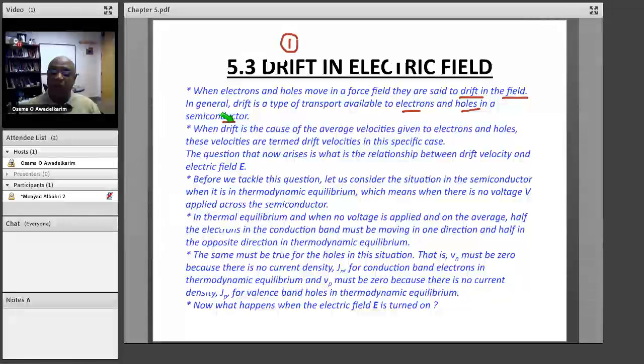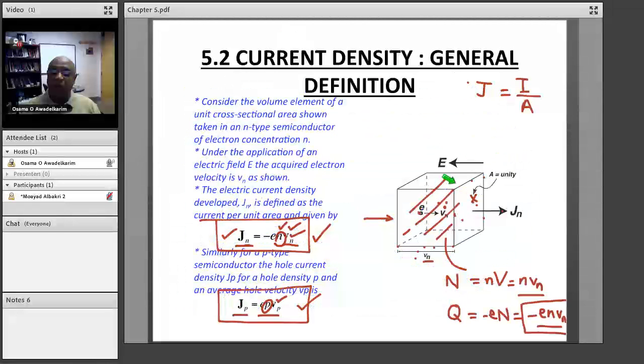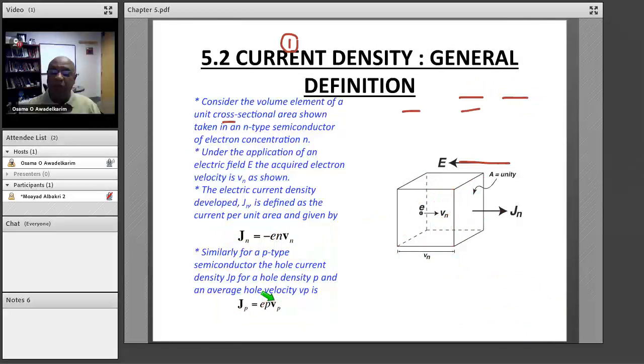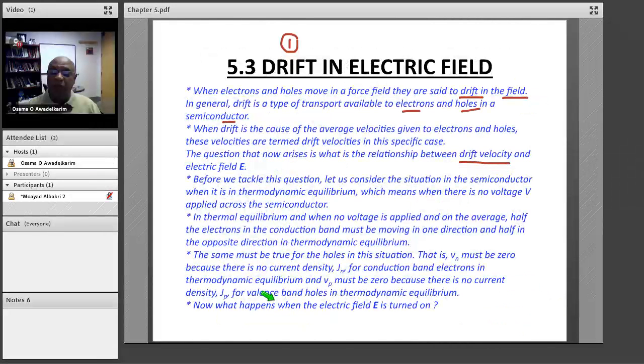We need the average velocity to determine the current density. So now we want to use drift, that is, the application of an electric field, and try to find this velocity, because as you can see, I have velocity here. I need these velocities. So let us apply an electric field and try to determine this velocity.